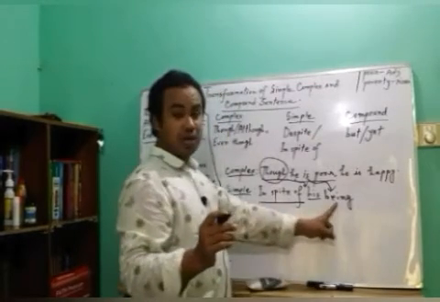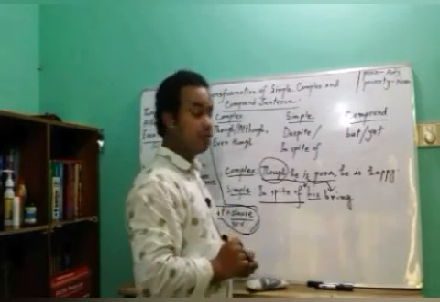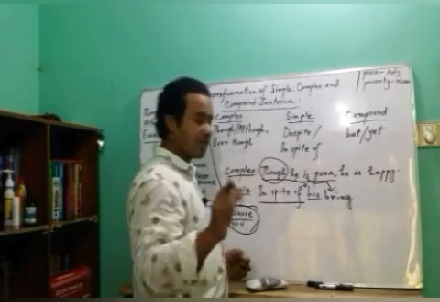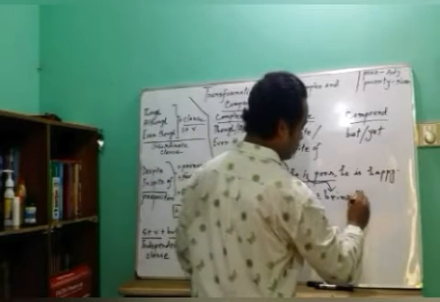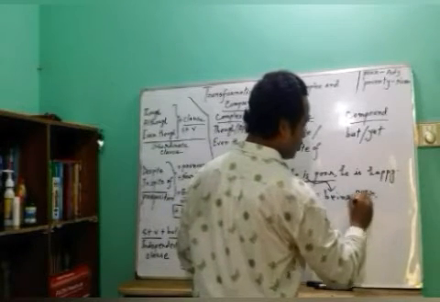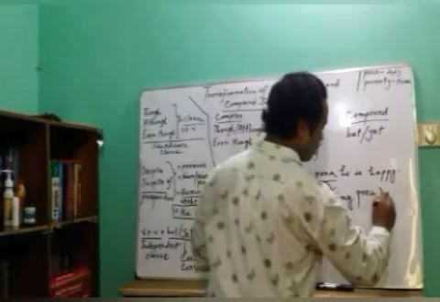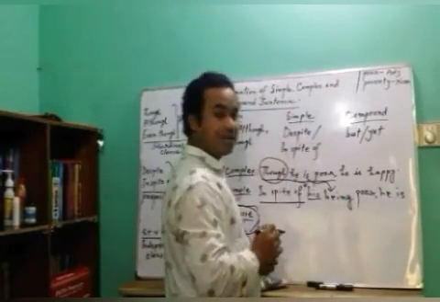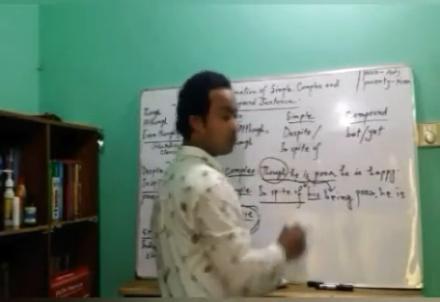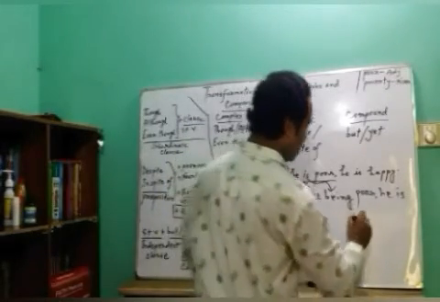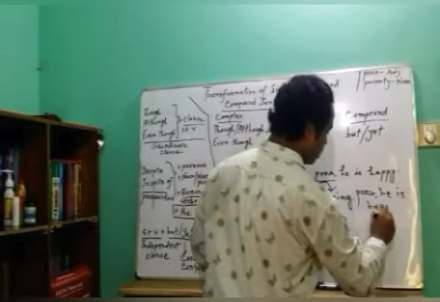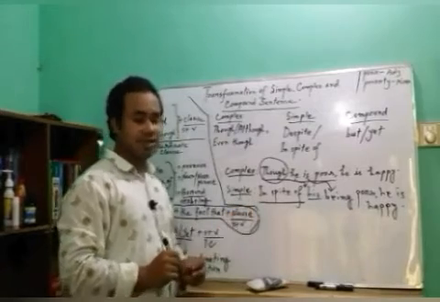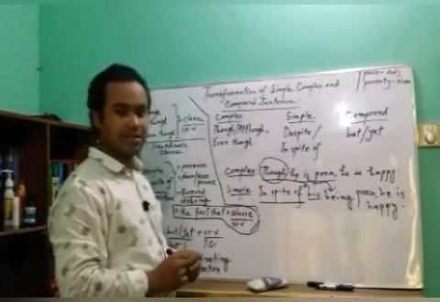Then after be verb we use adjective, so it would be in spite of his being poor. In spite of his being poor, put comma, he is happy. We will not make any changes for the principal clause. The principal clause should remain unchanged. He is happy. Now this is a simple sentence. In spite of his being poor, he is happy.